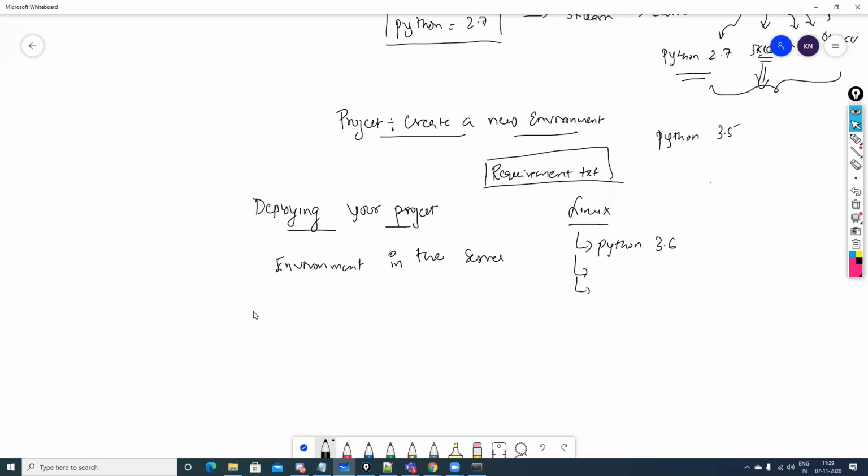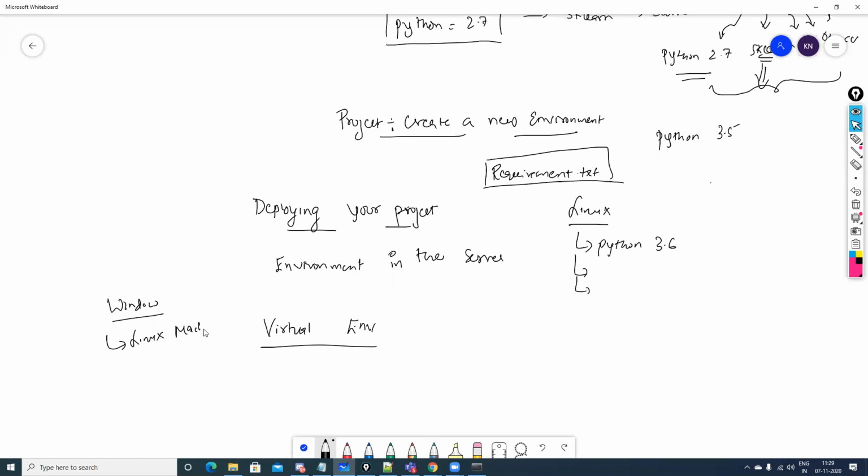Now, whether you use a Windows machine or a Linux machine, you also have something called a virtual environment. Virtual environment basically means that in your Windows, you may install a Linux machine.